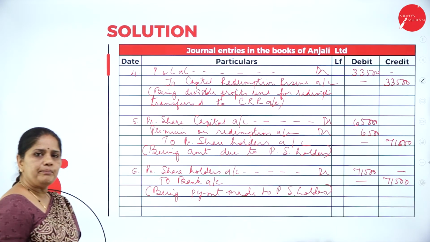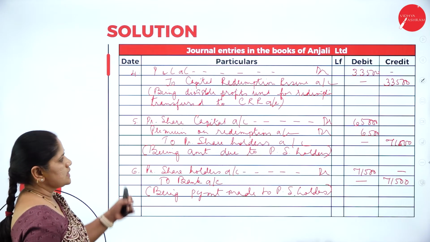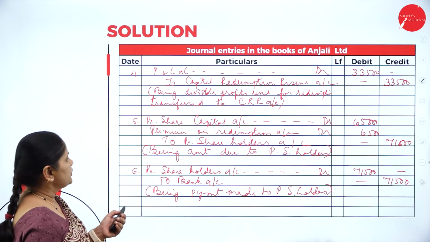So we have made the payment to preference share holders. So these are the journal entries we have to write.